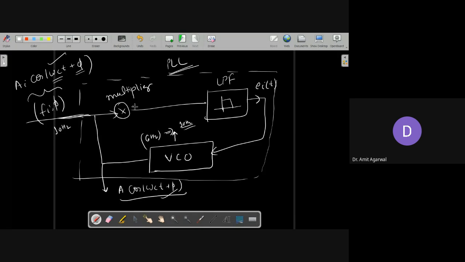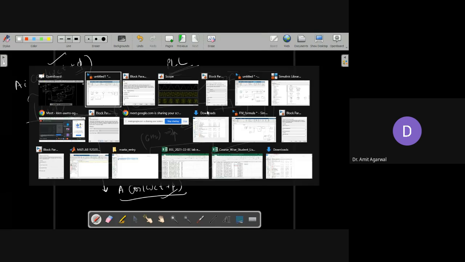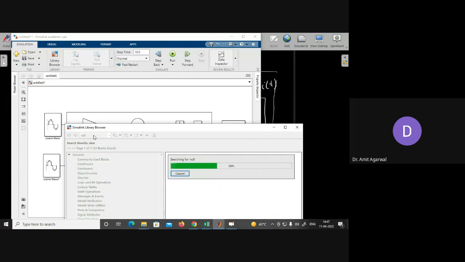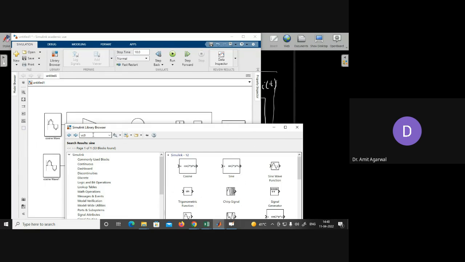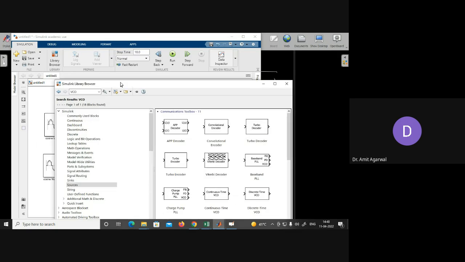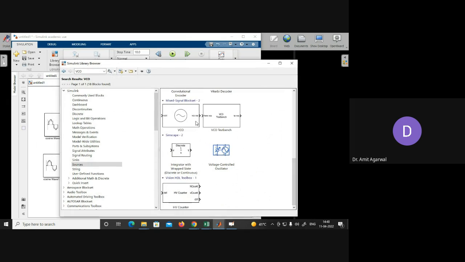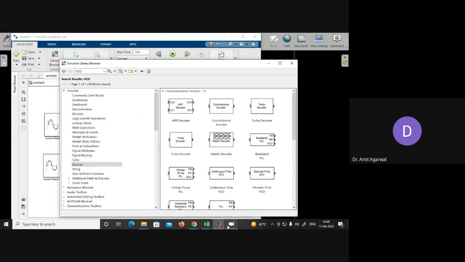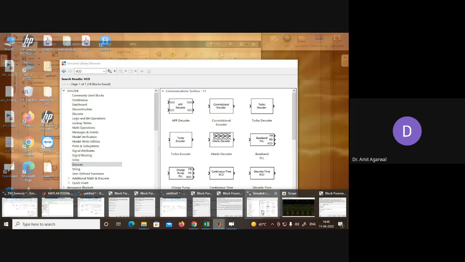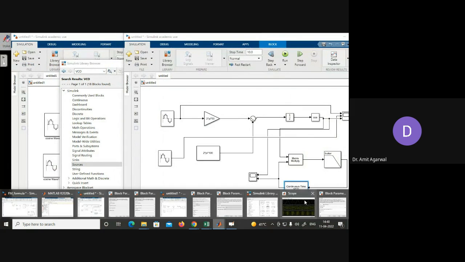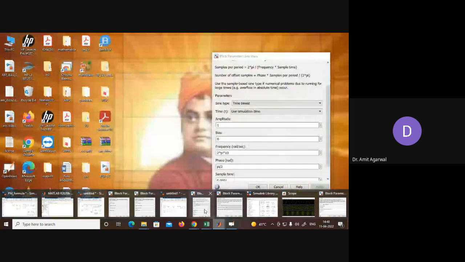तो चलो, क्या बनाना है हमको: multiplier, low pass filter, and VCO. So let's take a VCO first. Continuous time VCO. Let's search for it. This is our signal.